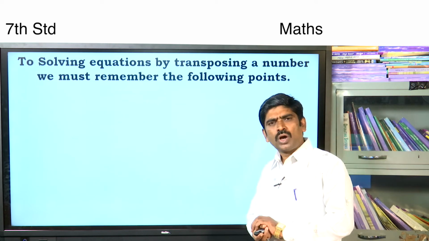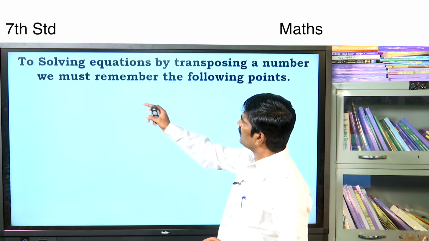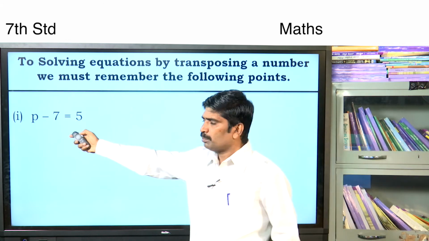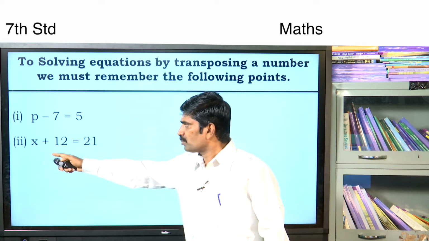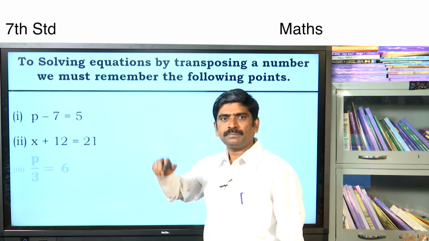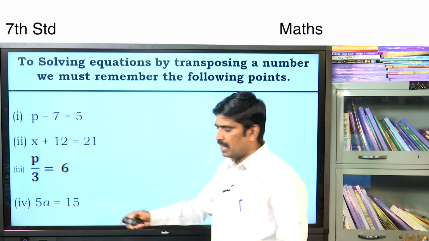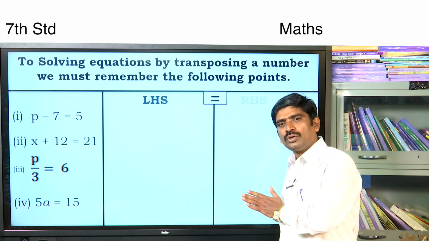Next, to solve equations by transposing a number, we must remember the following points. See here, questions: p minus 7 is equal to 5, x plus 12 is equal to 21, p by 3 is equal to 6, and 5a is equal to 15. LHS is equal to RHS.